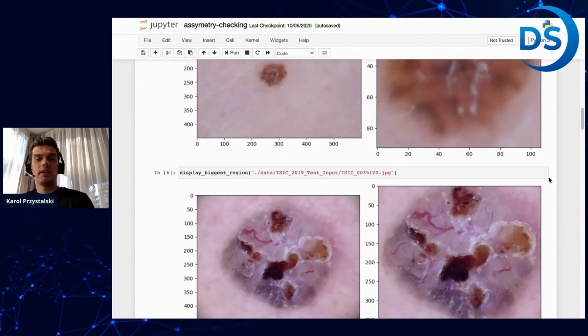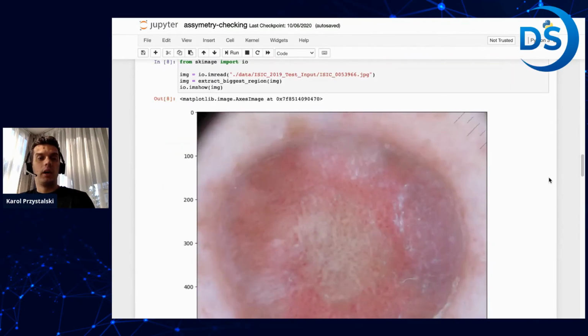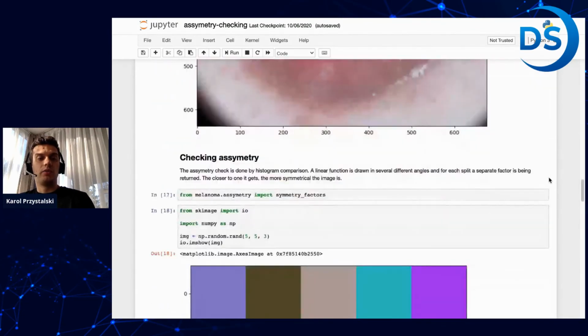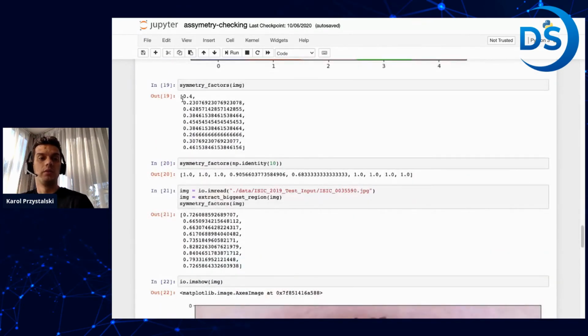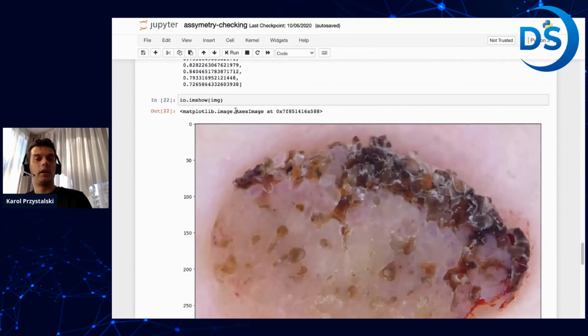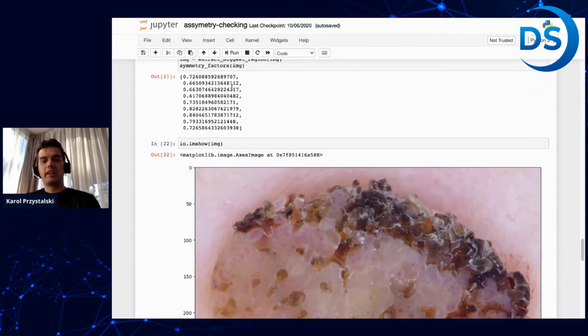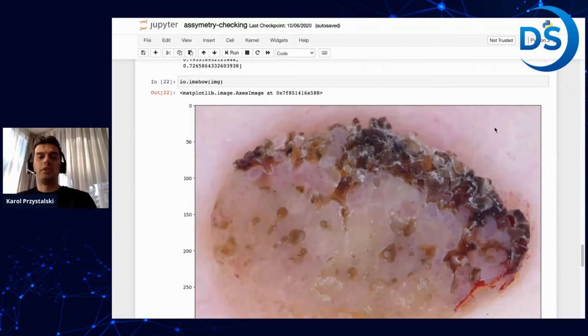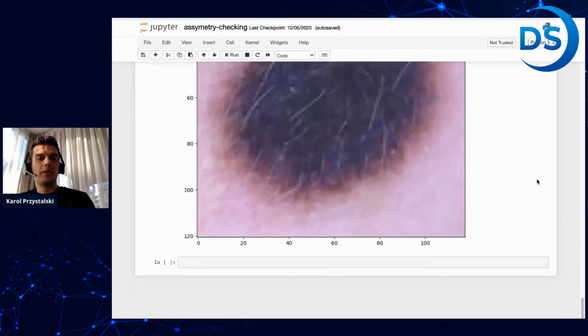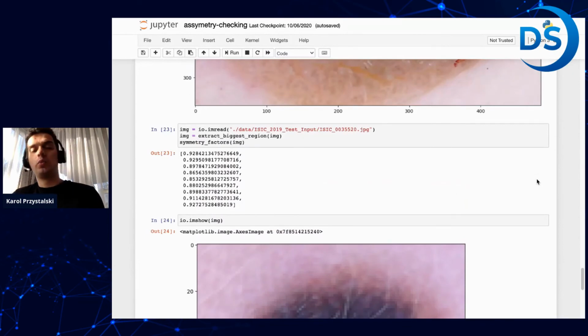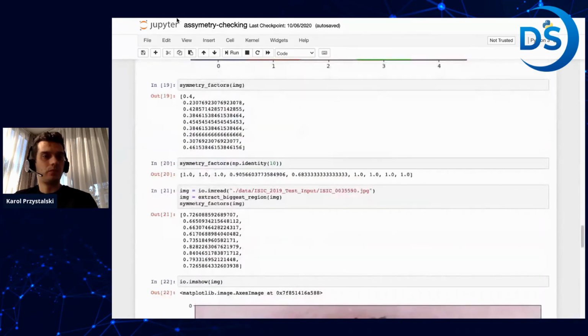Here I have some other cases, and what we do is go through and check the symmetry based on symmetry factors, right? In this case, these numbers obviously reflect each part of the image, because we divide it into sections like here. So depending on that, we can find out if it's a symmetric image or not.